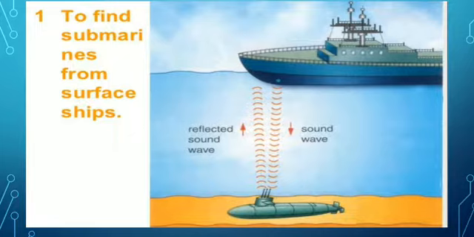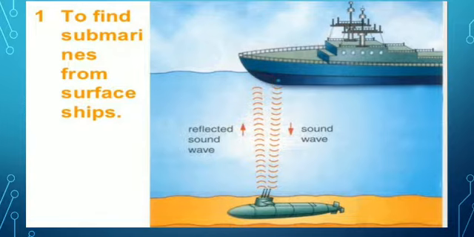So with the help of sonar, the sound waves are transmitted with the help of a transmitter to the surface. If there is a submarine, the submarine reflects the sound waves, and the reflected sound waves reach the receiver again.